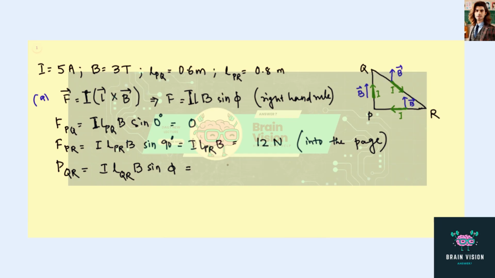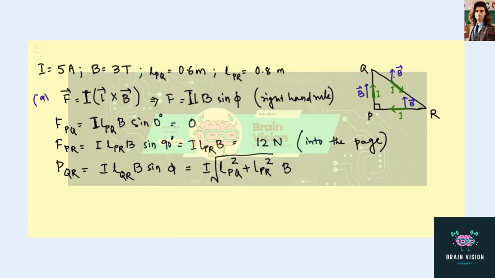This is equal to I times L_QR, which is basically this distance, and can be found from Pythagoras theorem because this is a 90 degree angle. So L_QR will be the square root of the sum of the squares of the other two sides, times B times sine phi.